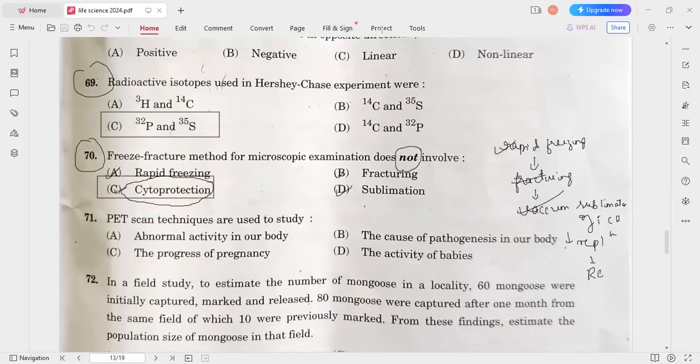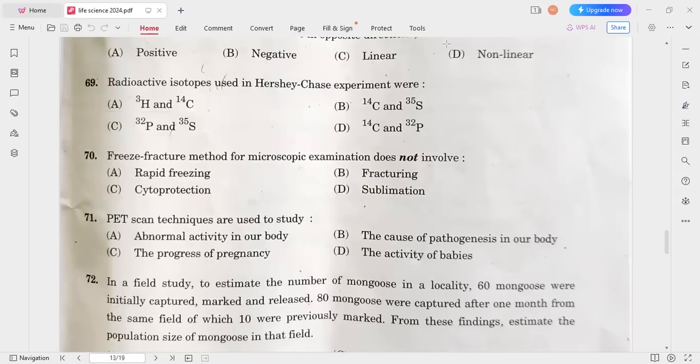Okay, so now move on to the next question. So the next question is 71. PET scan techniques are used to study what? PET means positron emission tomography, which will produce a 3D image of the inside of the body.